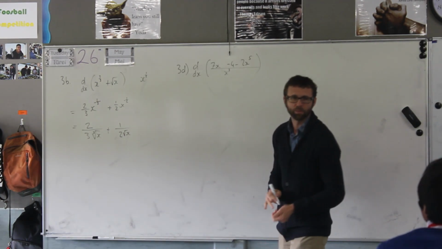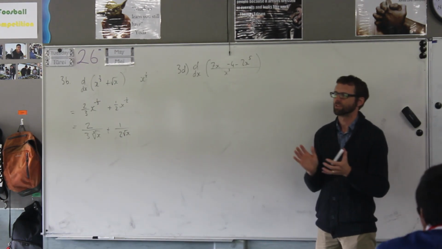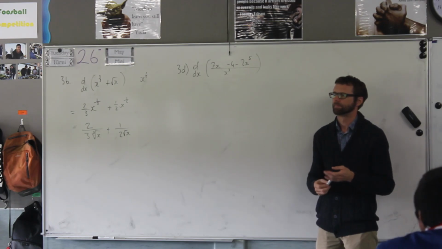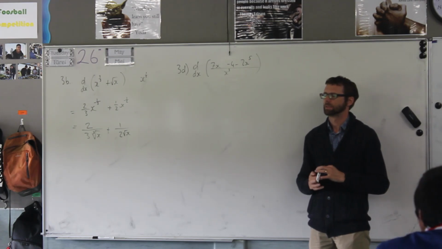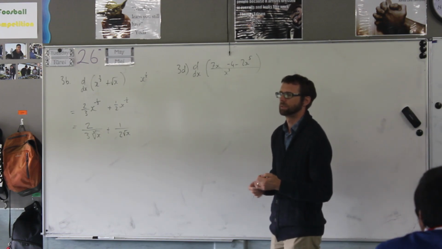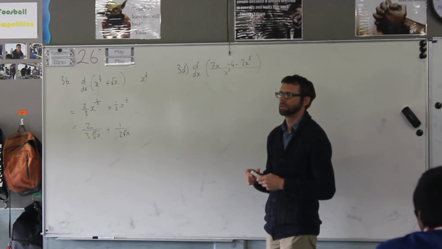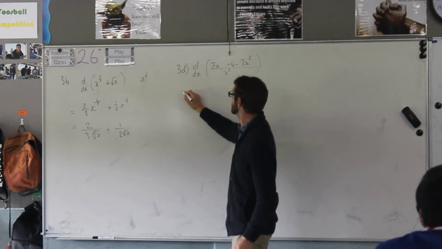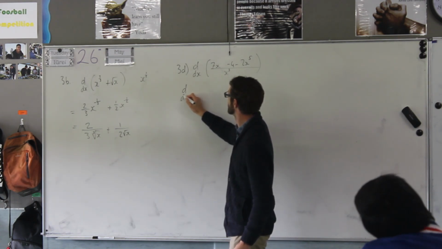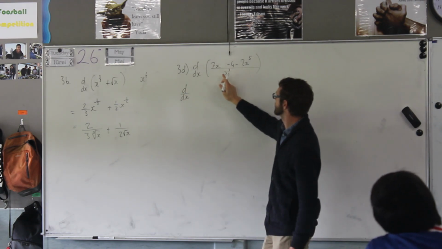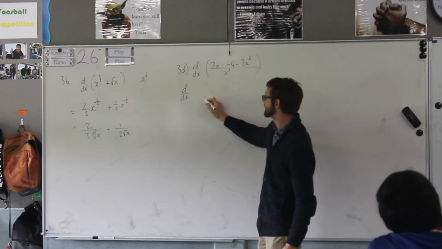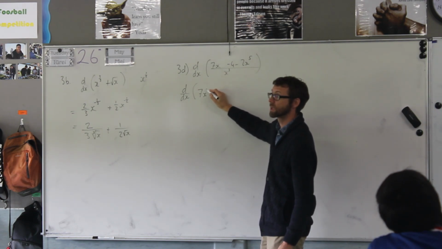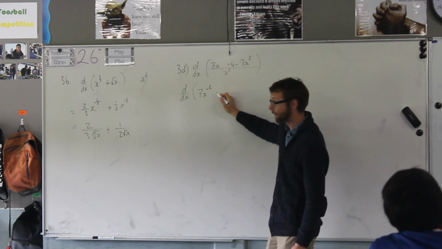So what's our first step going to be here? What do you reckon? What do we need to do first? What do you reckon, Asa? Do we divide all of them by x to the 3? Yeah, very good. So we're going to do this. 7x over x to the 3 ends up being 7x to the negative 2, yeah?